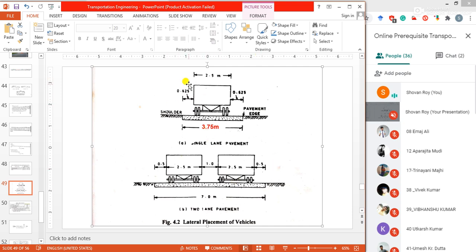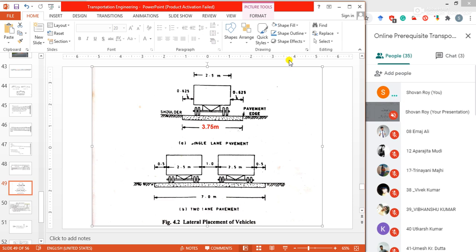And if a single lane carriageway of width 3.8 meter is provided, 3.75 rounded is 3.8, then the side clearance is 0.68 meter. In the figure 0.625 is shown, but as per IRC, 0.68 meter or 0.6 meter should be taken.